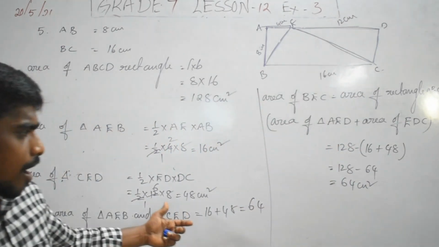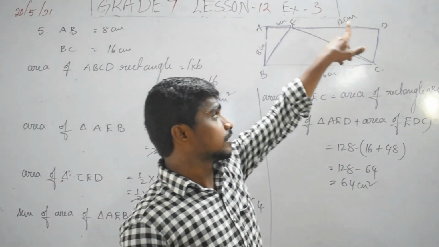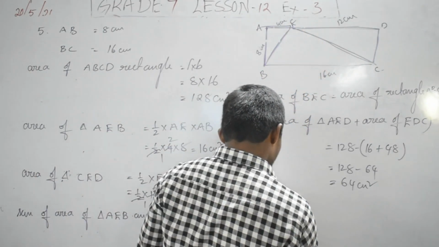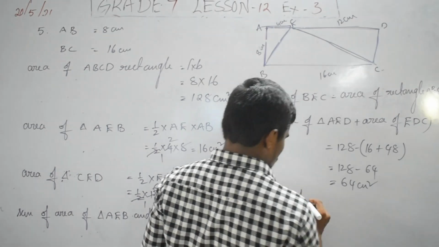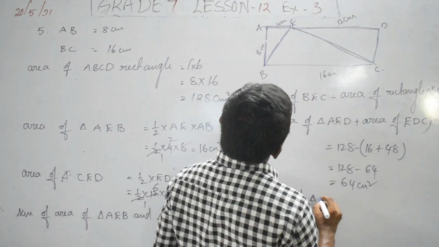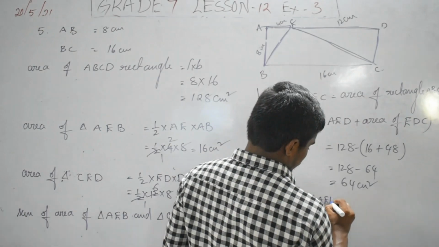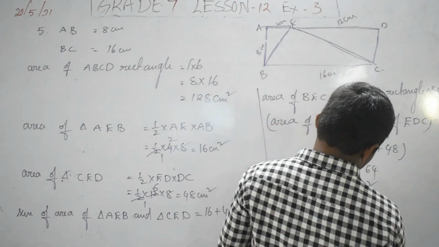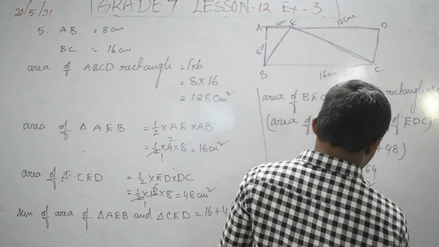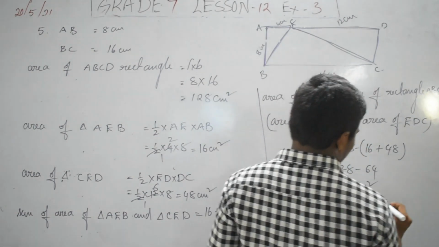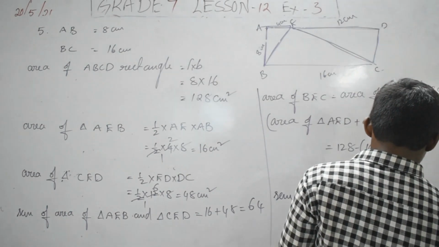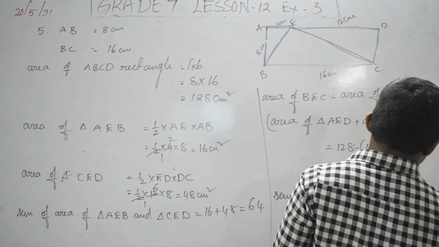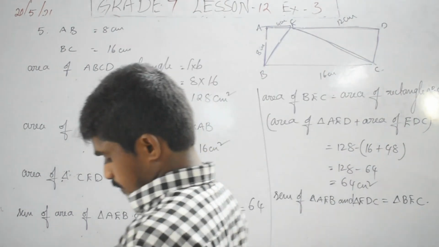So sum of these triangles, the sum of triangle AEB and triangle EDC is equal to the triangle BEC, right?